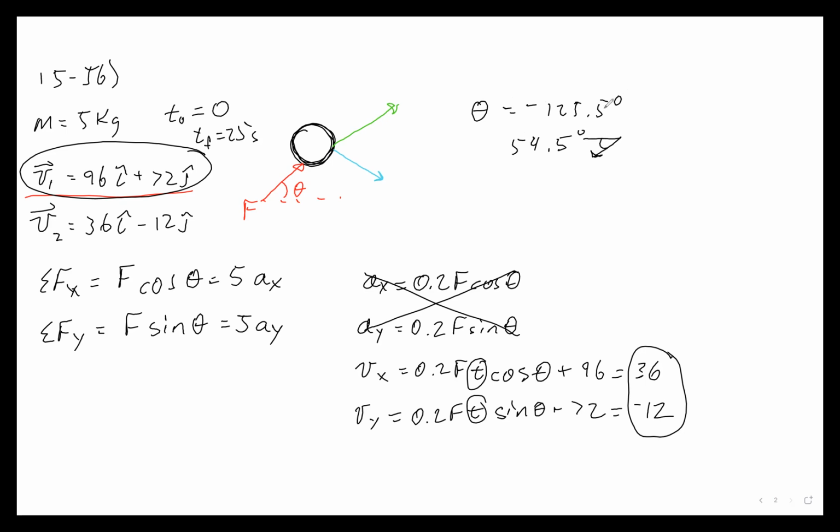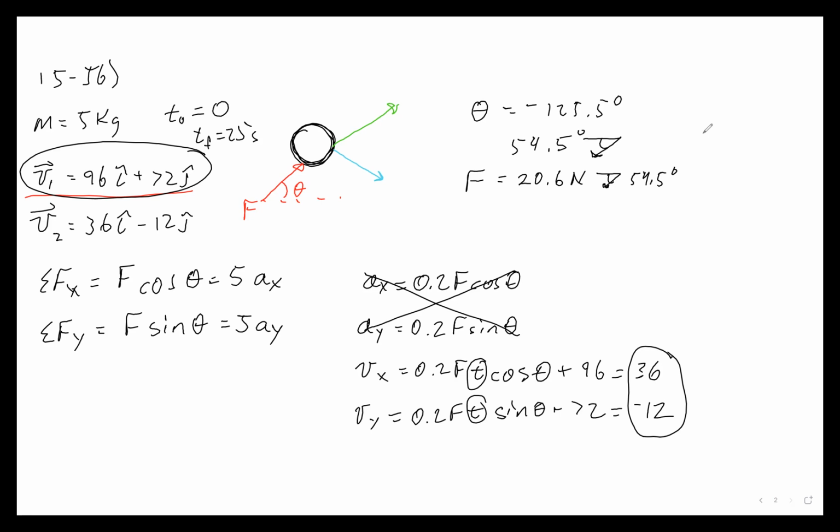Okay, and then our force required is 20.6 newtons, all right? And the angle is then that theta that we found, 54.5 degrees. All right, that is the answer to the question.